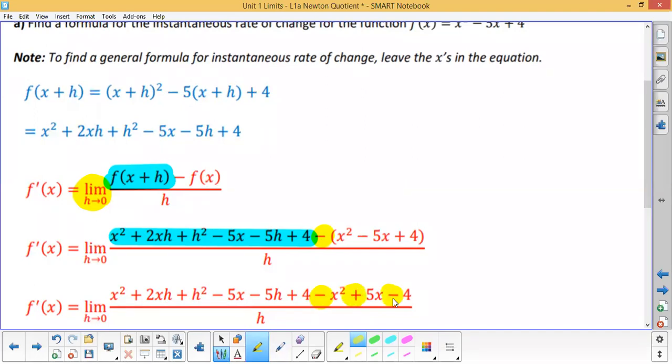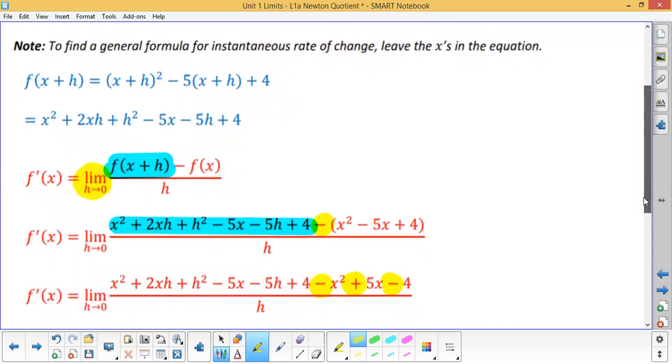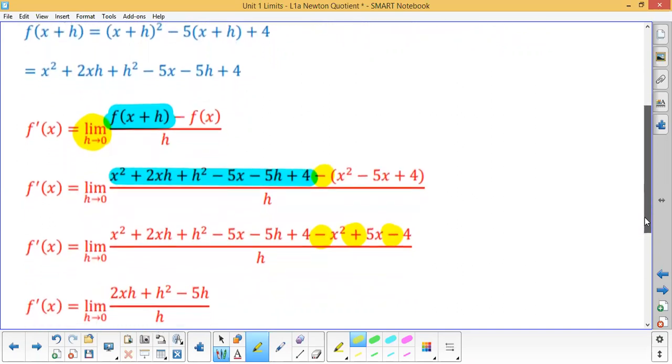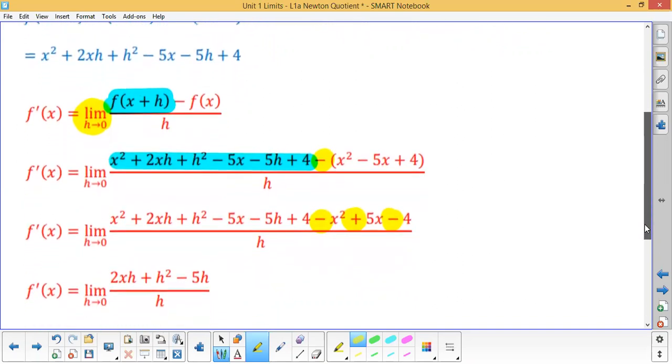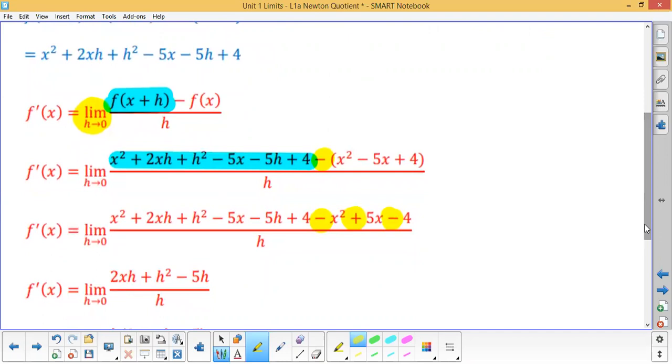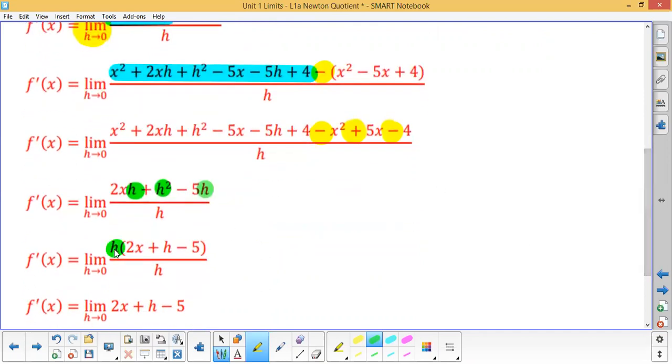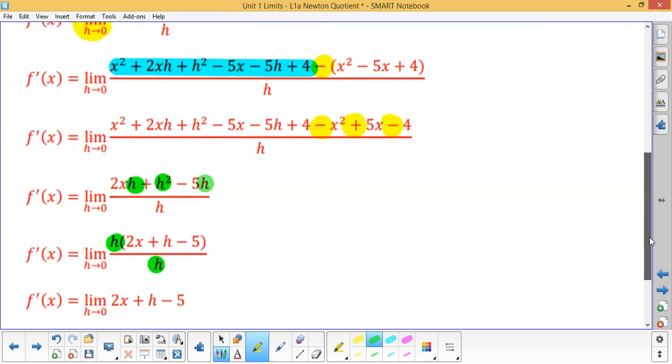I've seen lots of tests where students don't do this properly, and this will result in a wrong answer. Once we've simplified the numerator, you will notice that once again there is a common h in every term of the numerator. So I want to factor that h out, so the h in the numerator can cancel with the h in the denominator.